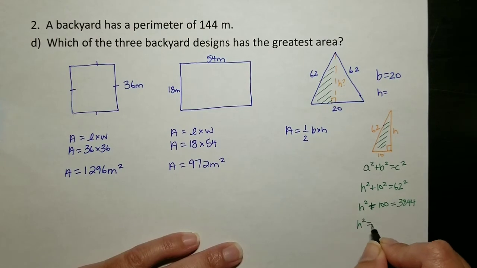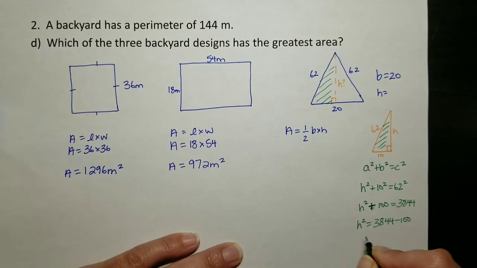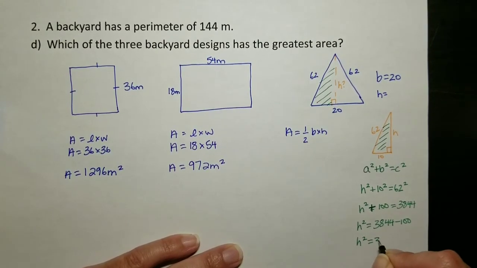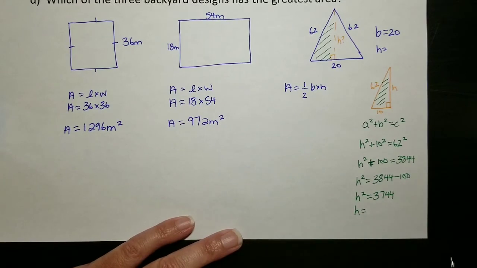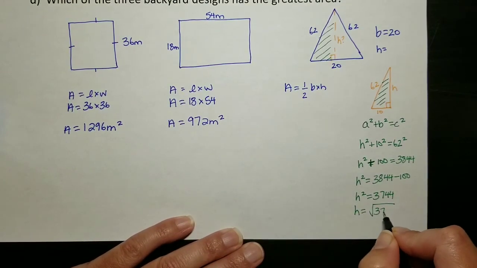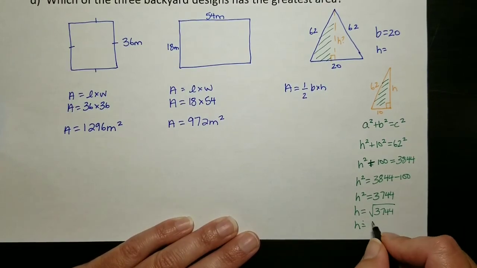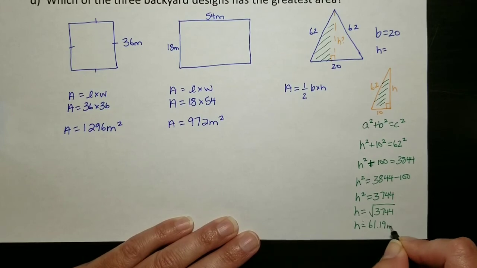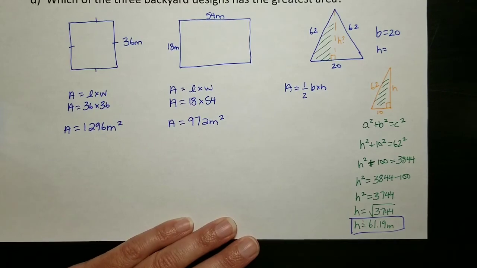Then h squared, I'm going to subtract 100 from each side. 3,744. And then to solve for h, we need to do the square root. So h is about 61.19 meters.